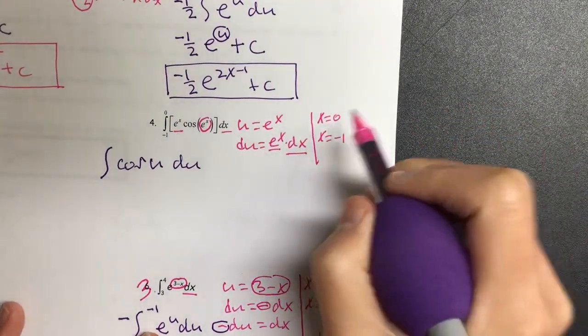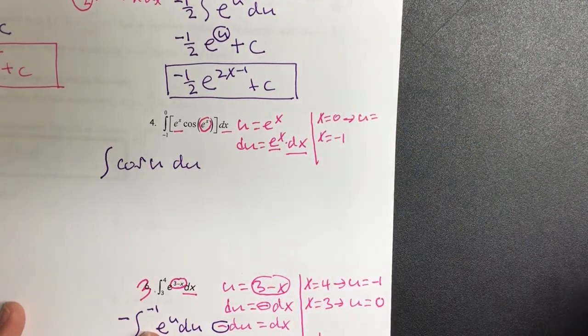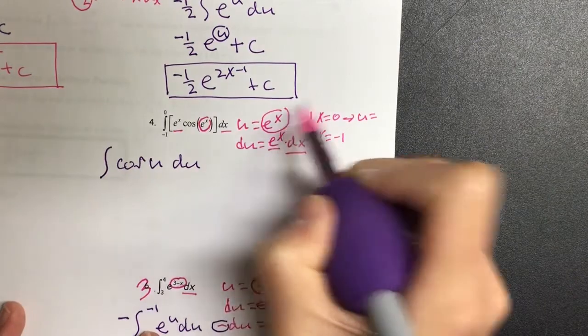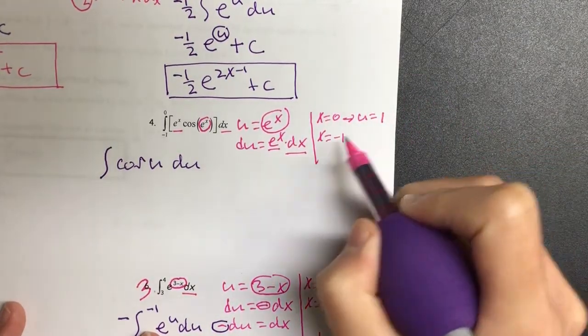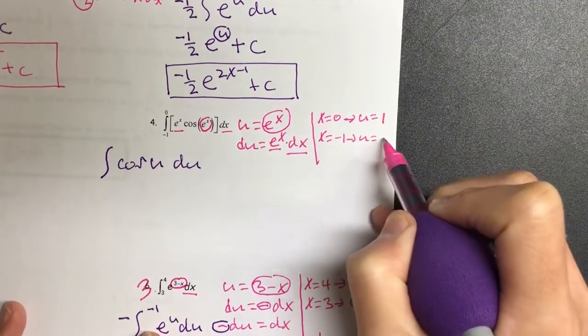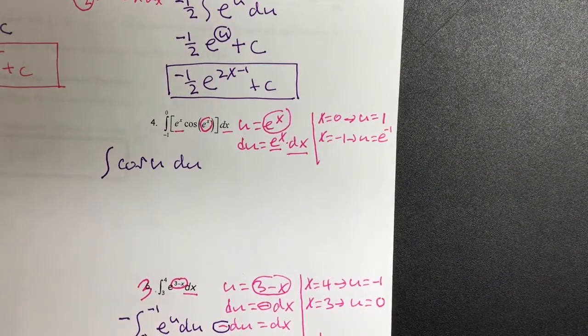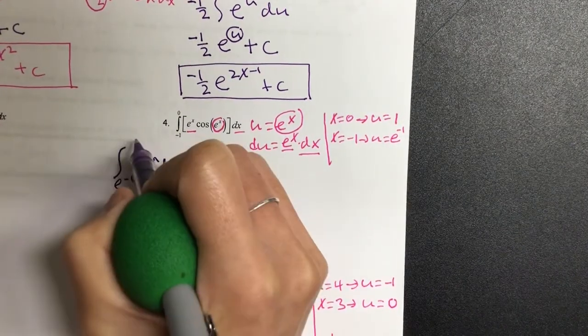When I plug it in here, how much is my u then? 1. And when I plug it into the next one, we get u is equal to e to the power of -1. You can leave it like that or bring it to the bottom. It wouldn't really matter, because when I write the final answer, I'm going to leave it as e to the -1.